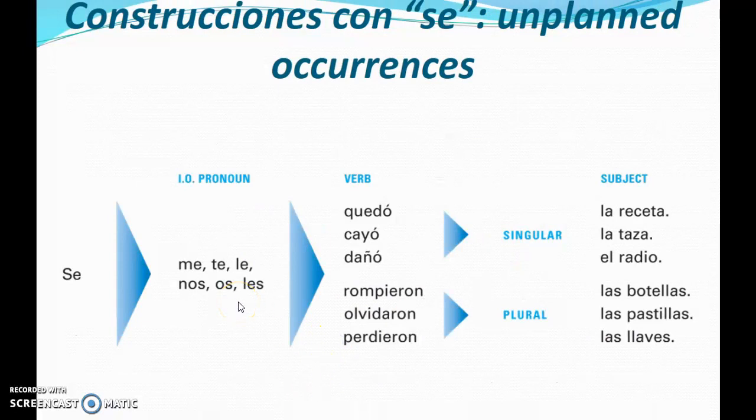Some very common verbs that are used are verbs like quedar, like left behind. So, se me quedó la receta. Okay. Oh, I left the prescription behind. Se te cayó la taza. Okay. So you dropped the cup. Okay.